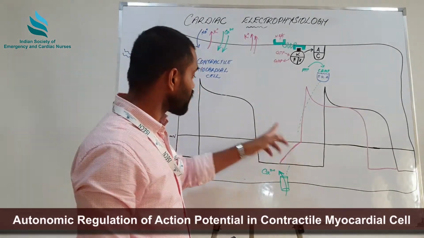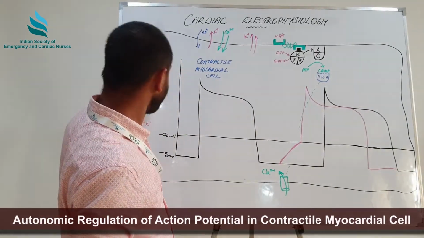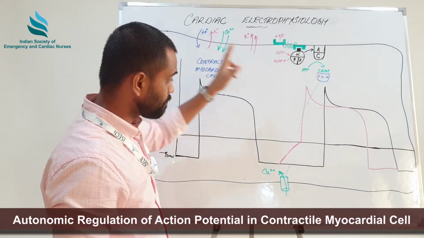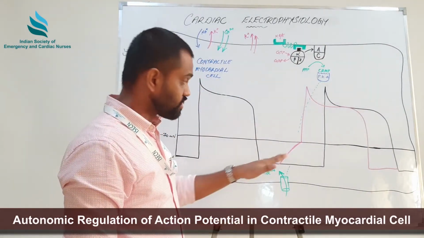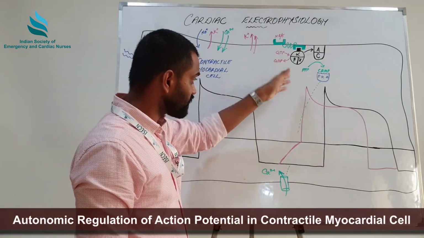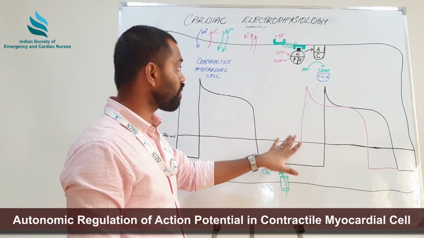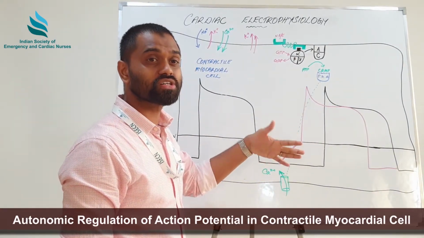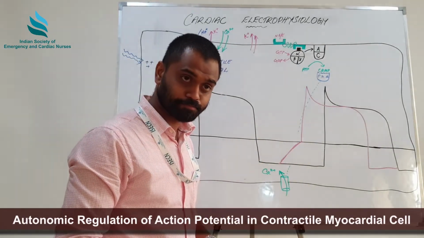This is not under the influence of any excitation or conduction from outside the cell, but has happened because of the sympathetic pathway. So the cell has undergone depolarization before the expected time. This is what we call triggered activity in the contractile myocardial cell.